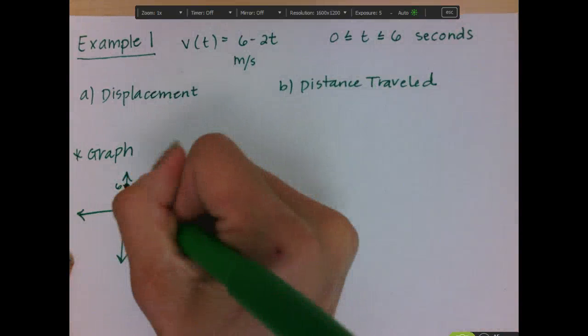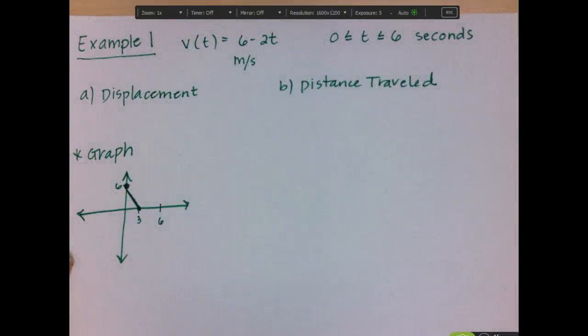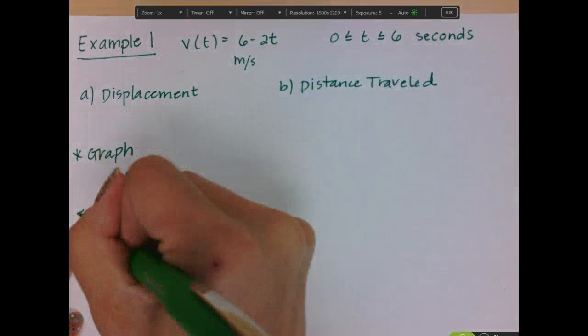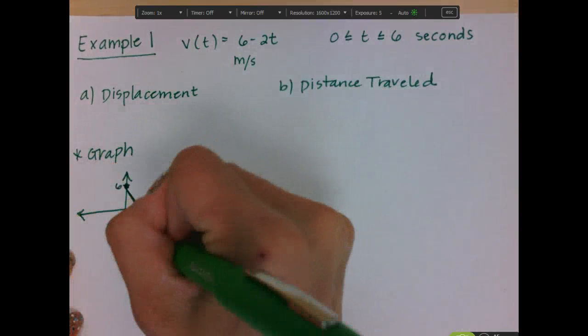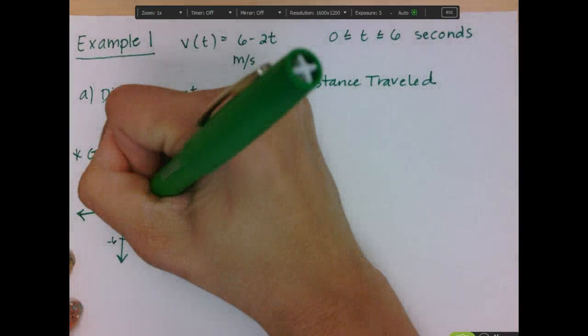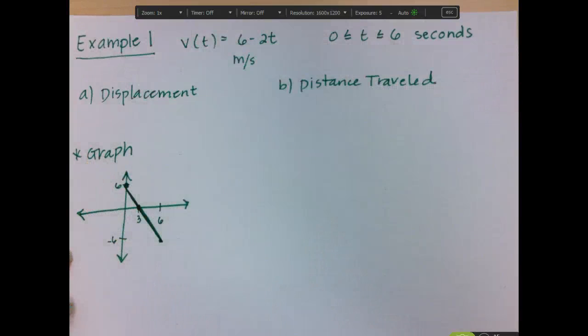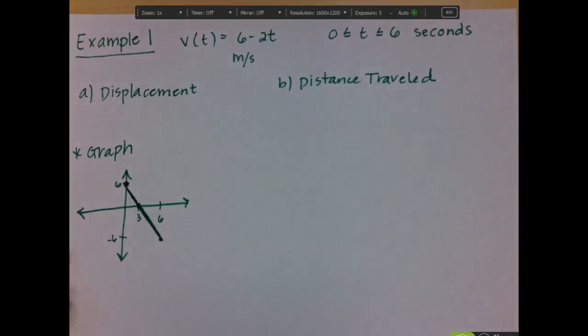So that gives me the first 3 seconds. So let's see where I am when t equals 6 seconds. If I plug 6 into the function, I'll get negative 6. And now if I combine that, now I have a complete graph from 0 to 6 seconds.